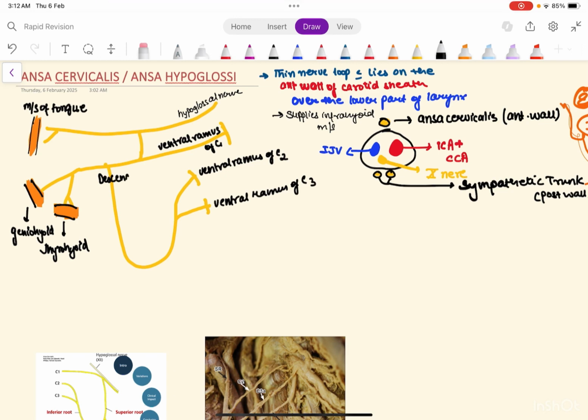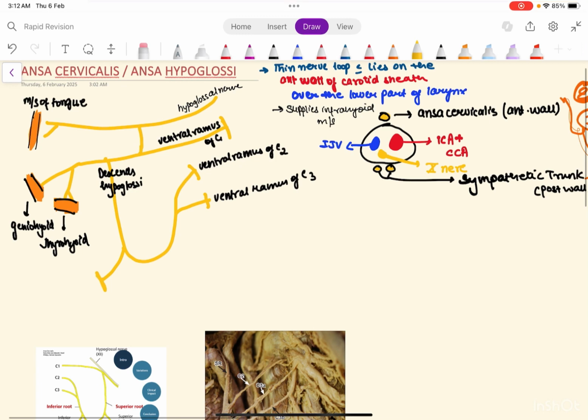Now this is our descending root, as you can see. This is descendens hypoglossi, and this is the superior root. The superior root will supply the superior belly of omohyoid.